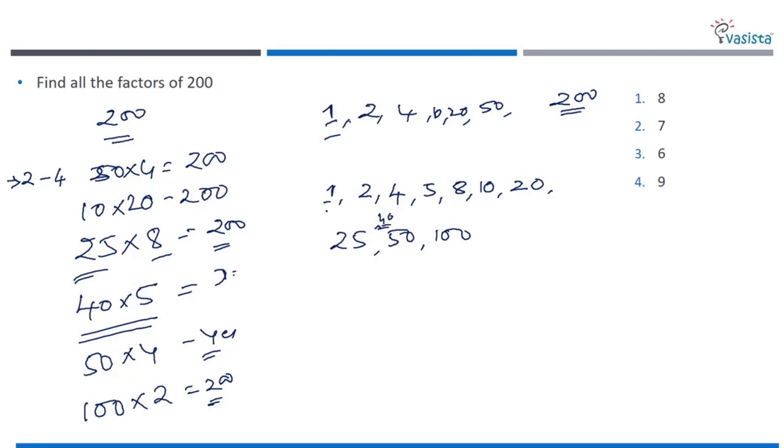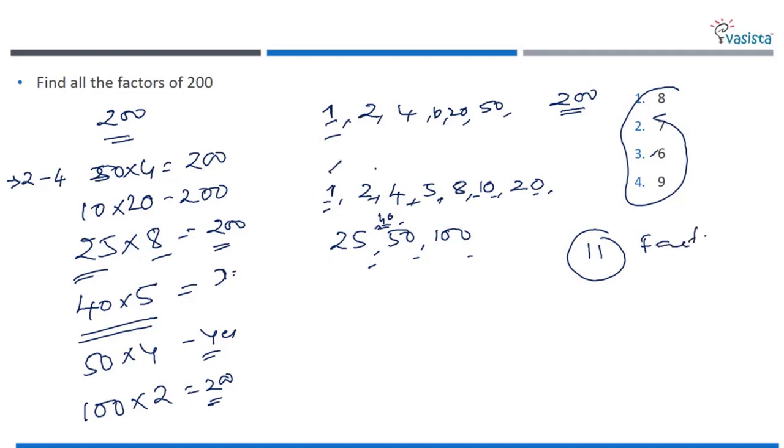So how many factors are there now? 1, 2, 3, 4, 5, 6, 7, 8, 9, 10, 11. Total 11 factors. Let me check once again: 1, 2, 3, 4, 5, 6, 7, 8, 9, 10, 11, 12. 200 also you need to consider. So there are 12 factors for 200.